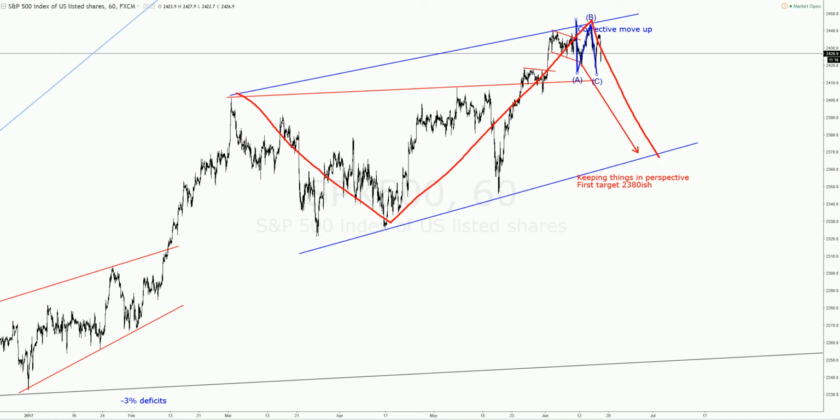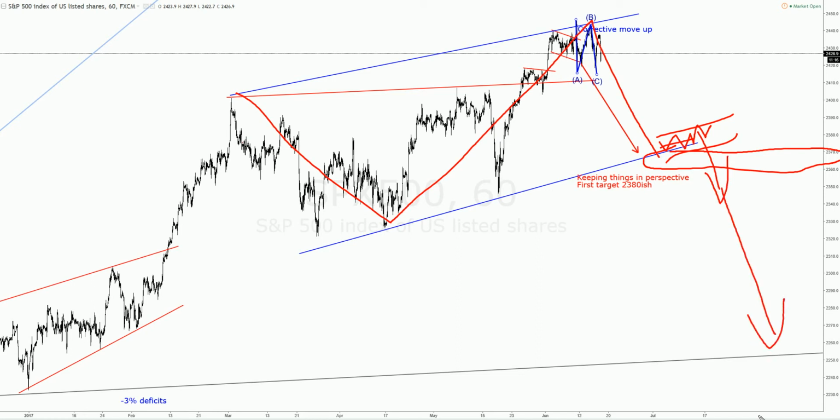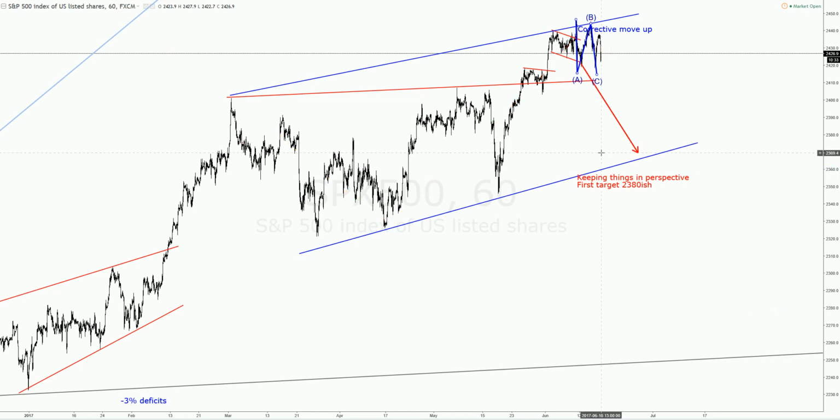That will make a lot of sense. And that would bring us down to around here, which is about, I don't know, 2380, 2370, somewhere in here. Now, how it behaves here, if we get a flag of some sort, then we can take another short, which would bring us to the bottom of the channel. But we don't know that as of now.